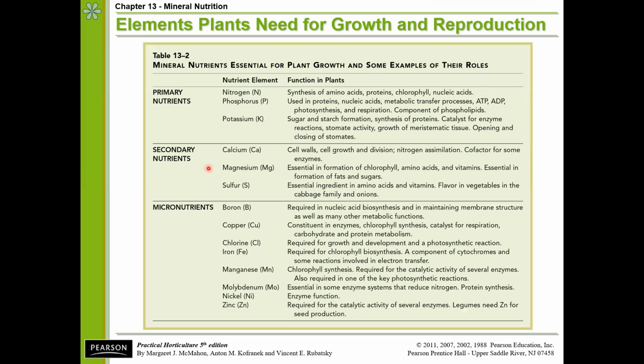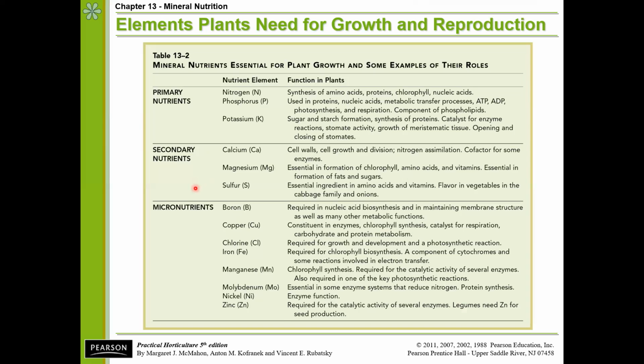Magnesium is also essential in the formation of chlorophyll. There's a lot more nitrogen in a chlorophyll molecule than magnesium. I think there's like one magnesium atom in a chlorophyll molecule, but nonetheless, it is essential in there, and that's why it is considered a secondary macronutrient. Sulfur is essential also for amino acids and vitamins.